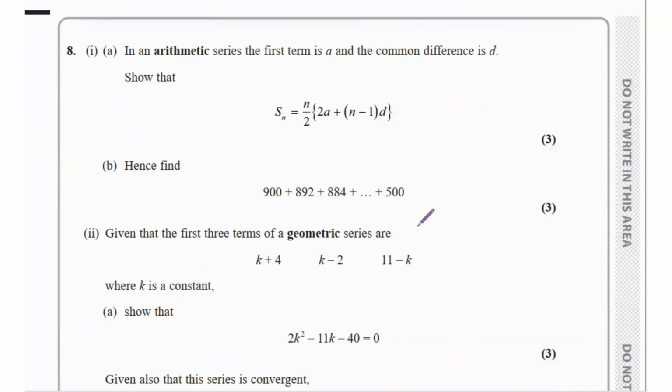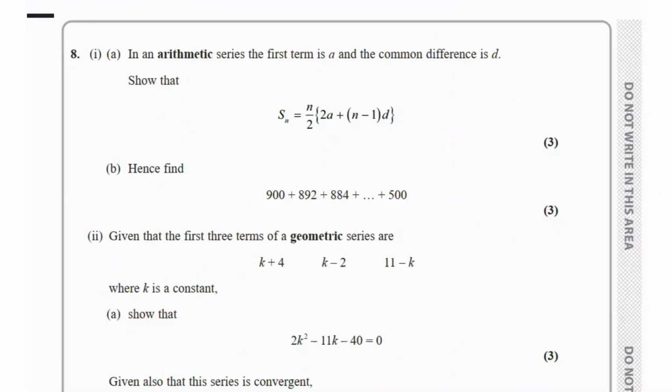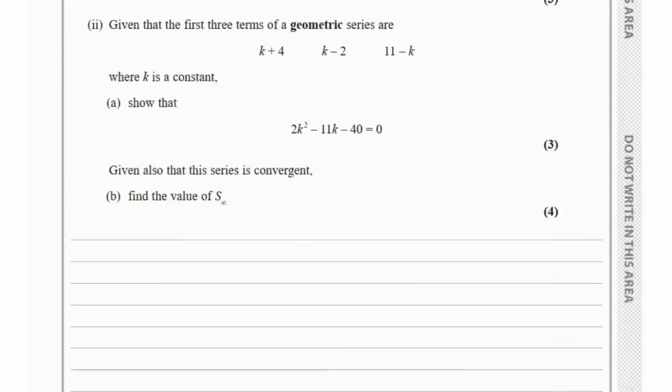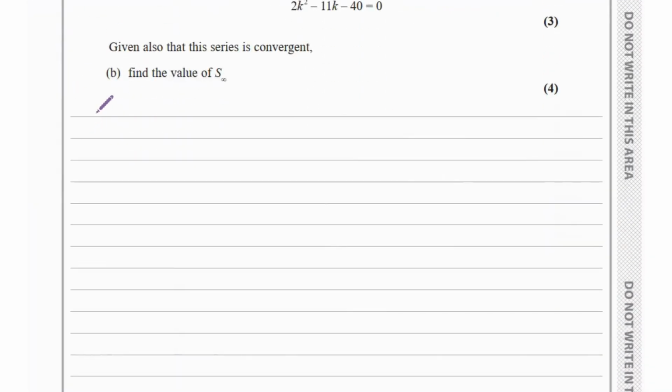Then it says in an arithmetic series, the first term is a and the common difference is d. Show that the sum of n terms is equal to n over 2 times 2a plus n minus 1 times d. So now to prove this, firstly, we need to know that when we find the sum of n terms, the first term is a.